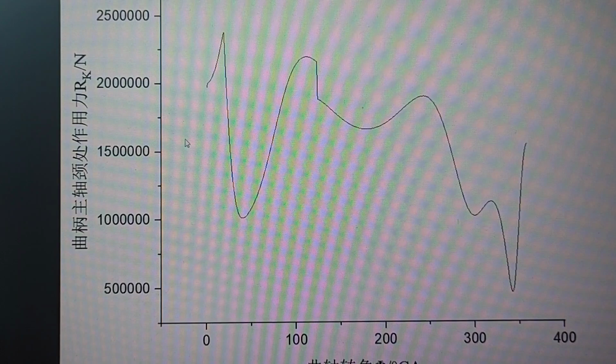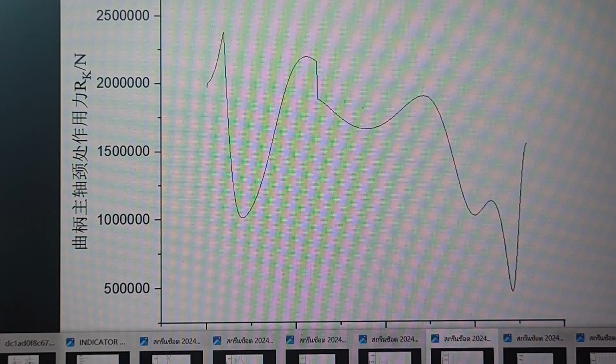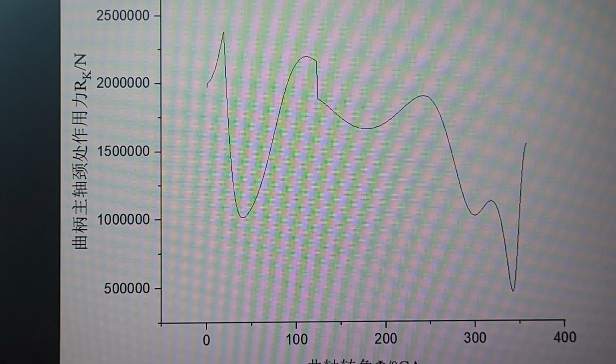This one is the composed force which acts upon the main bearings, the main bearings or the main joints at the crankshaft. Let's see what is next.